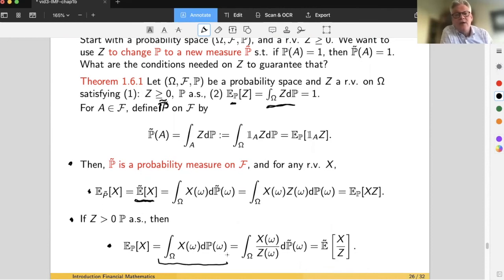This is now equal to the integral of X over Z dP tilde(ω), and that is the expectation under the P tilde measure of X over Z. So theorem 1.6.1 is an important theorem for financial mathematics, and this Z we often call the Radon-Nikodym derivative, but that will follow later.